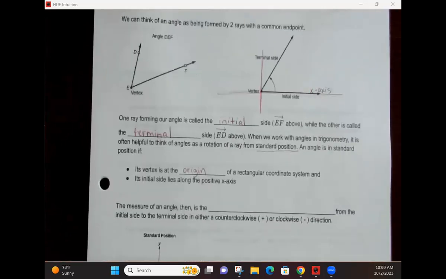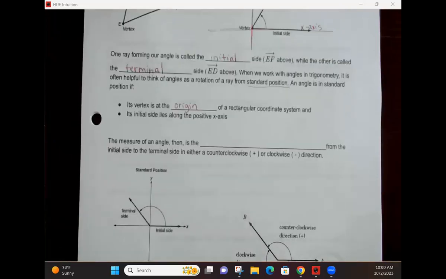So we're putting our angles on the coordinate plane. The vertex is at the origin, and that initial side is going to line up with the positive x-axis. Our terminal side, then, we think about sort of opening up to form this angle, a rotation to form an angle. That's going to be the orientation that we stick with.